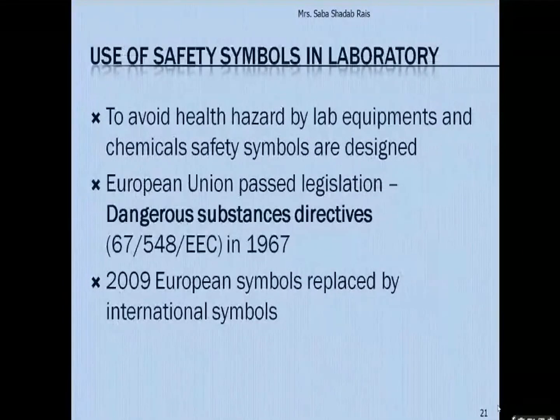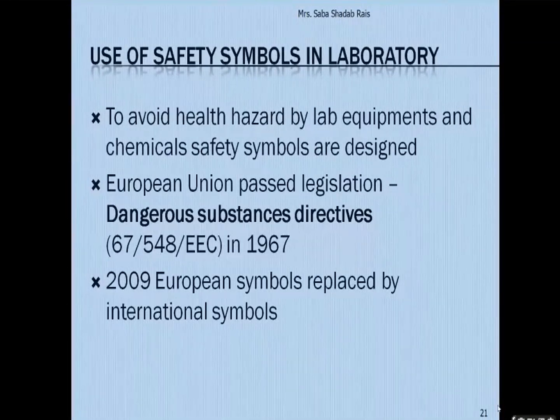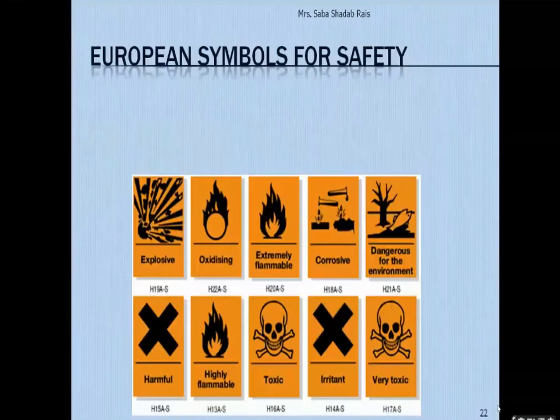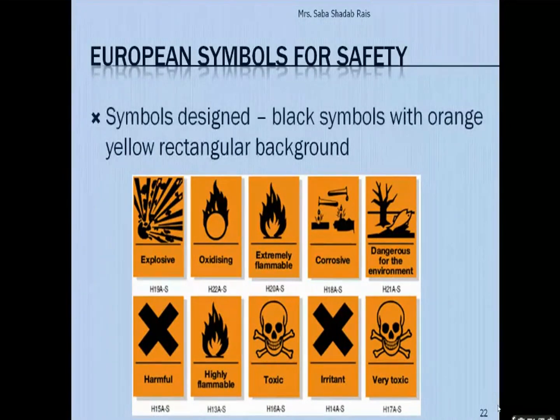The Europeans started safety symbols first, and they made it compulsory, that means they brought it into law. So the European Union passed one legislation called the Dangerous Substances Directive in the year 1967, and thereafter in 2009 it was accepted worldwide. The European symbol, we have all seen, is an orange rectangular background with black symbols.